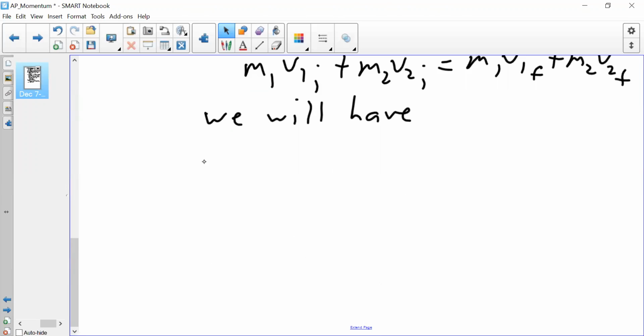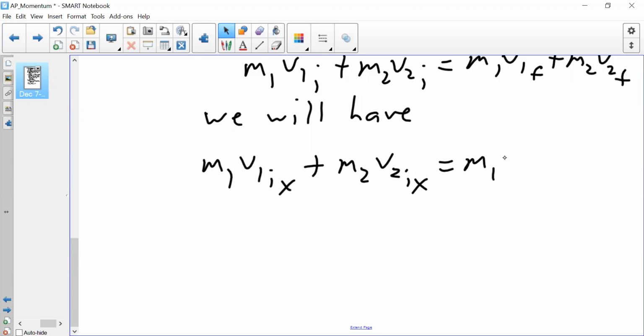We will have the initial momentum of the first ball in the X direction, plus the momentum of the second ball initially in the X direction, equals their final components.